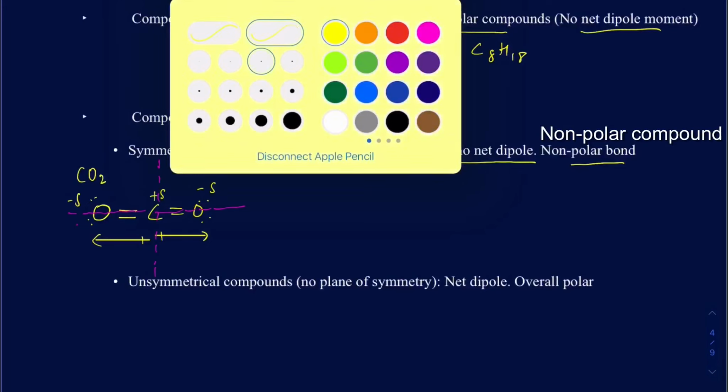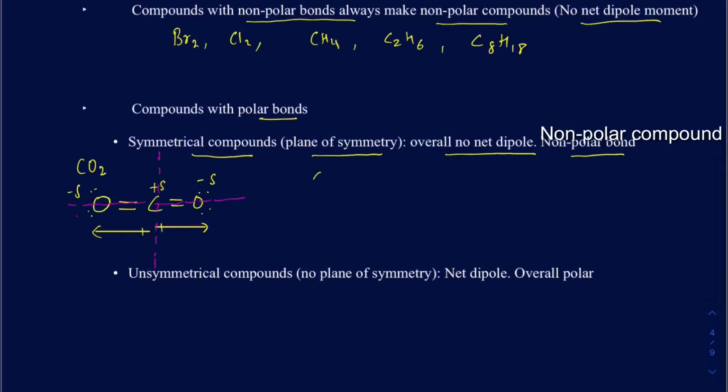What about taking another example? Stuff like CCl4. So when I draw the Lewis dot structure for the CCl4, it will have carbon-chlorine bonds, which are going to be polar bonds. But since you have this molecule to be symmetrical, all those dipoles will cancel out one another, and there's not going to be any net dipole.